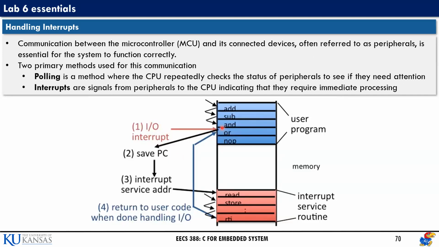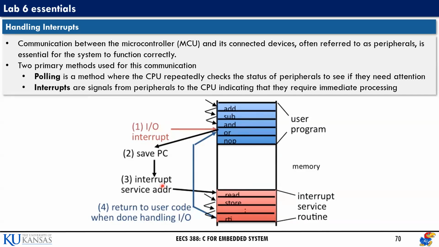So we need to know where we were previously. So the CPU saves the program counter, which basically knows the instruction it needs to execute next. After saving the program counter value, it goes to the interrupt service routine.